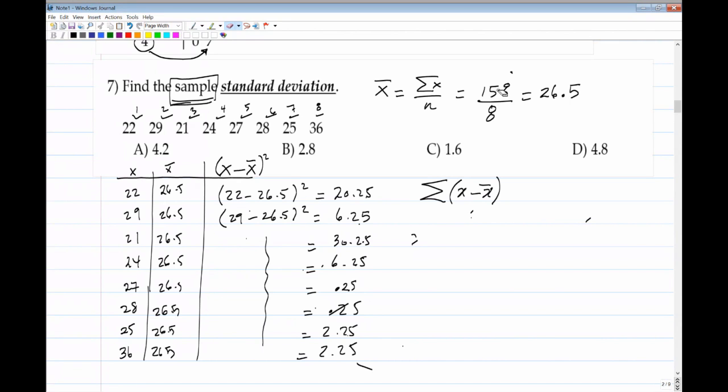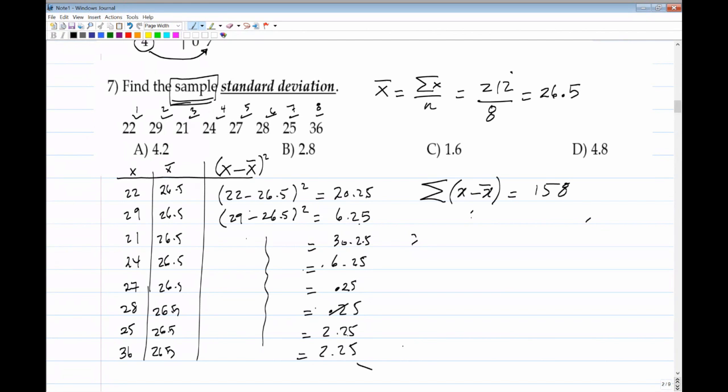The sum of x is not 115. The sum of all this will actually be 212. 212 divided by 8 is still 26.5, so we have no problem. Now when we add the sum of all the squared values, I'll end up with 158.